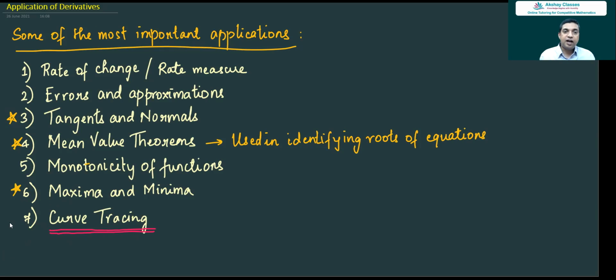At that time we have to know curves, and it is not just the Cartesian curves in X and Y. We also have to draw curves which are defined parametrically. So when we study curve tracing, it will be very useful.